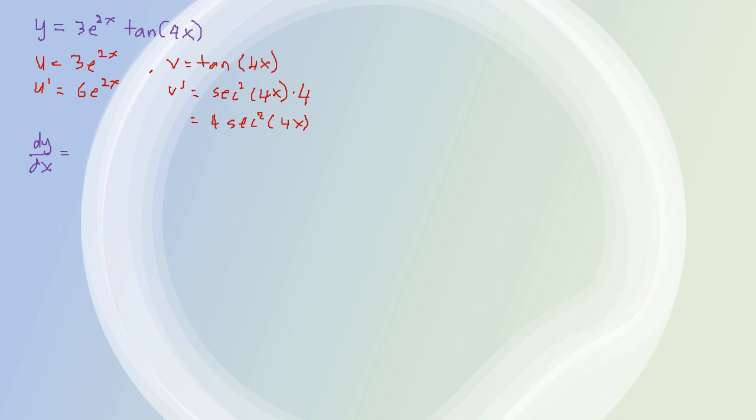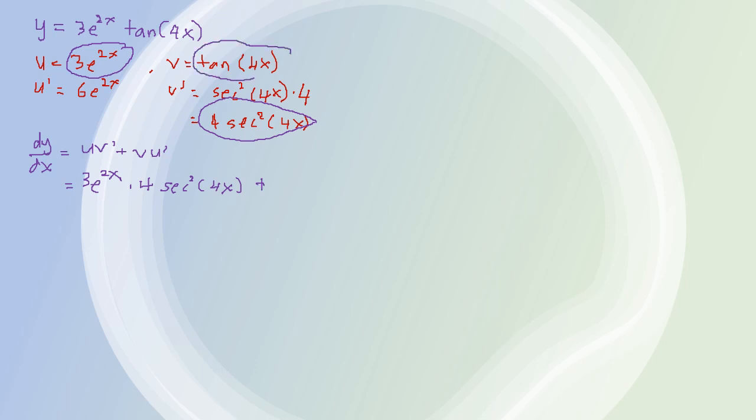dy over dx will be equal to uv prime plus vu prime, equal to u, substitute u is 3e to the 2x multiplied by v prime. v prime is 4 secant squared 4x, plus v is tangent 4x multiplied by u prime is 6e to the 2x.